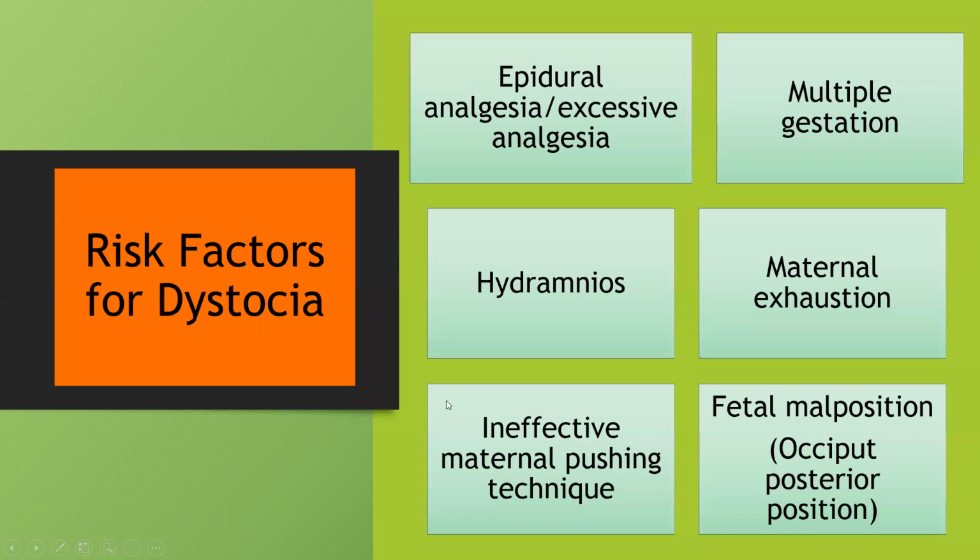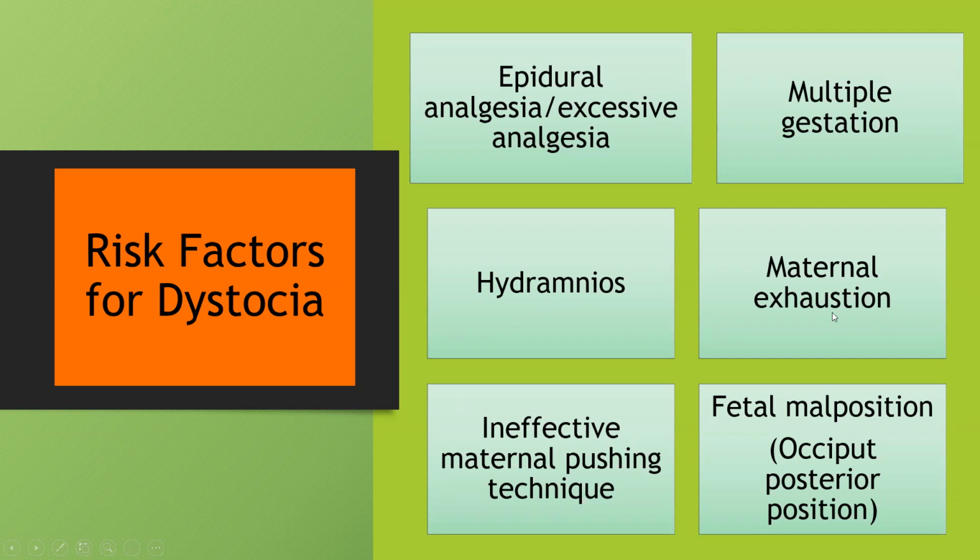And the risk factors for any dystocia is epidural anesthesia, epidural analgesia, and that's because that can slow things down and make things more difficult for us to actually push this baby out. Multiple gestation, if you have more than one in there, it makes everything a little harder. Hydramnios, whether it be oligo or poly, can increase your risk for this.